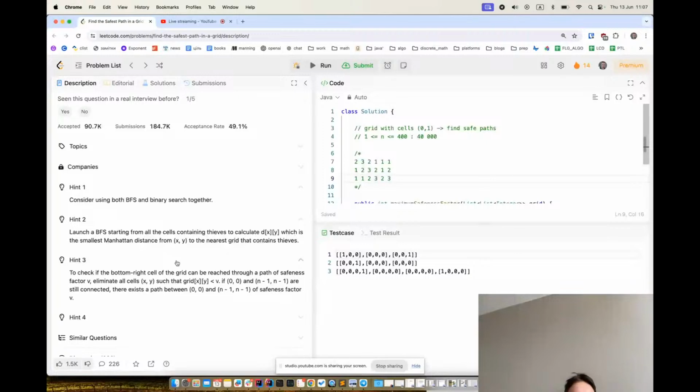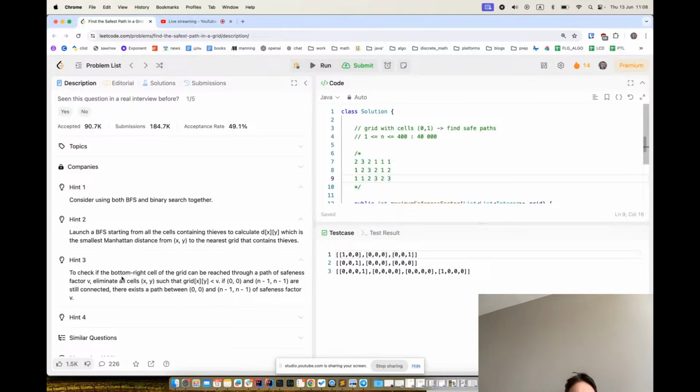Okay, and what next? To check if the bottom right cell of the grid can be reached through a path of safeness factor V, eliminate all cells such that, if still connected, there exists a path of safeness factor V.